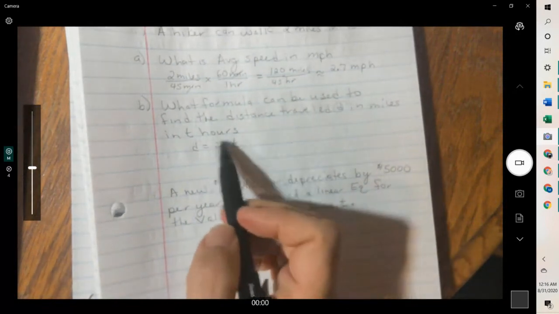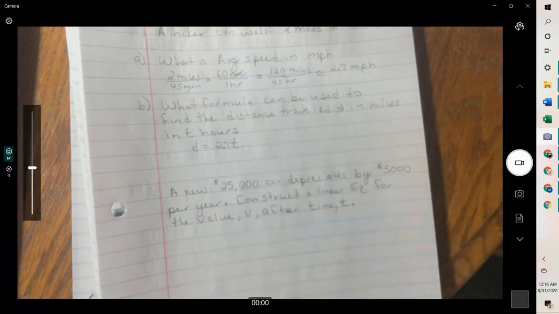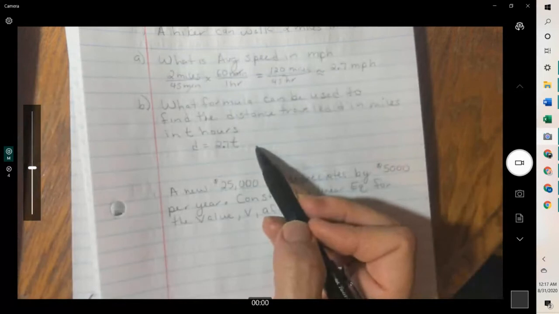So it's always your rate of change times your variable. And then if there was a fixed cost, if they said he's already walked 5 miles and he walks at 2.7, then you'd have that 5 on there. But you're starting with no distance.